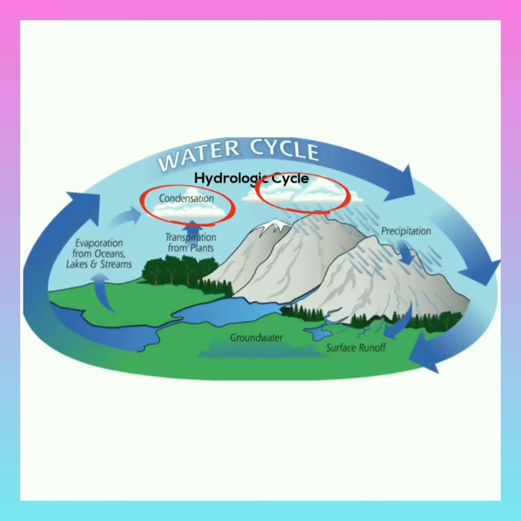This moisture in the atmosphere may be transported around the globe until it returns to the surface as precipitation. Precipitation may take the form of rain, snow, sleet, or hail. Now, once this water reaches the ground, one of two processes may occur. Some of the water may evaporate back into the atmosphere, or the water may penetrate the surface and become groundwater.